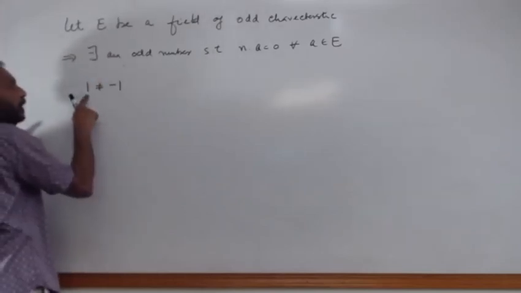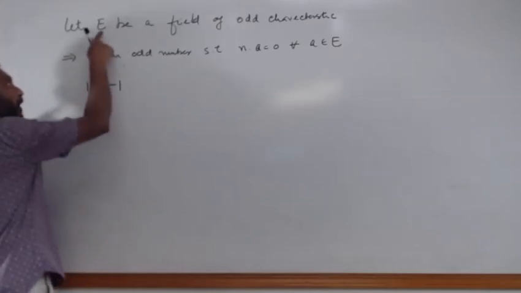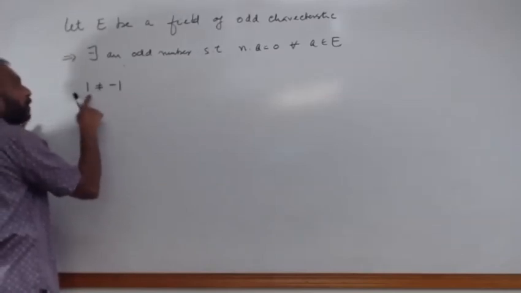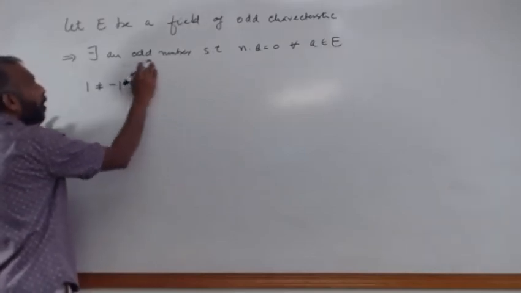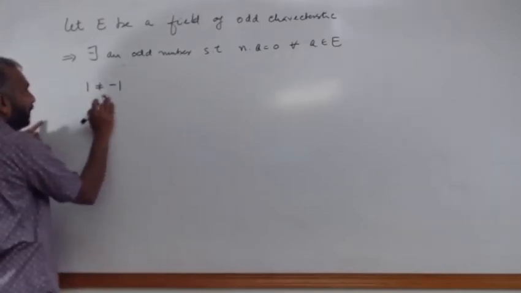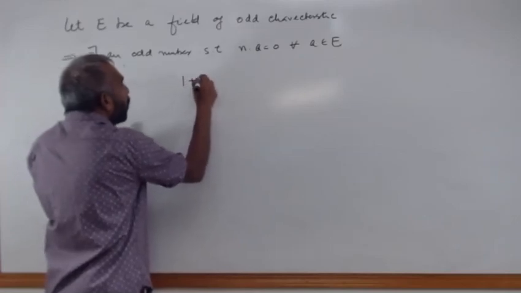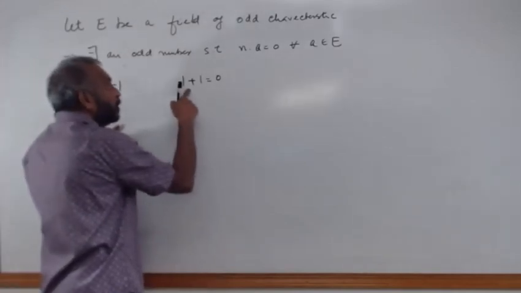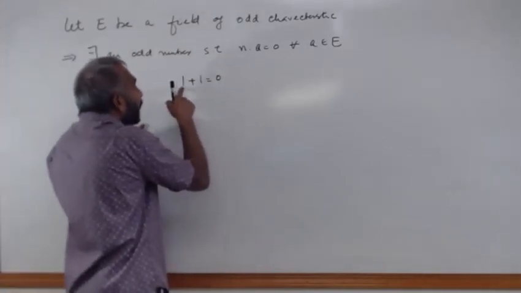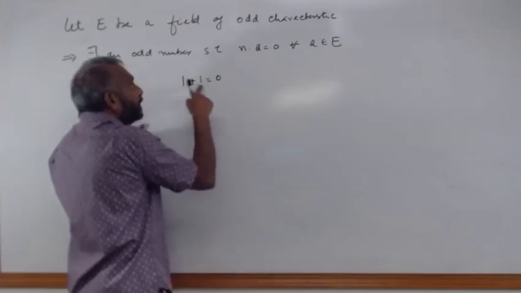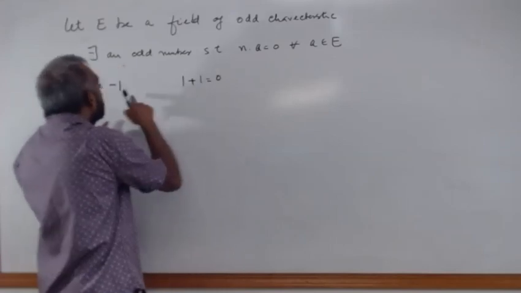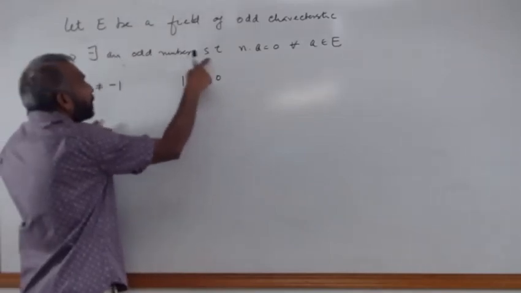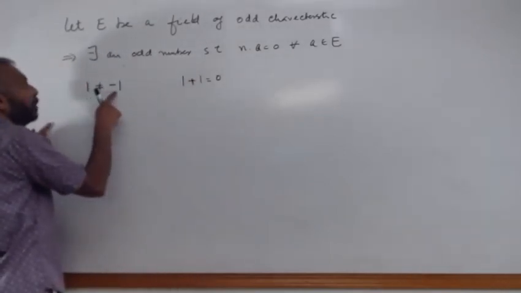Minus 1 is its additive inverse. This is not equal to minus 1 because the characteristic is odd. Because if 1 is equal to minus 1, then 1 plus 1 is going to be 0. That means the characteristic is 2, and that is an even number. So this is not possible. So in a field of odd characteristic, 1 is not equal to minus 1.